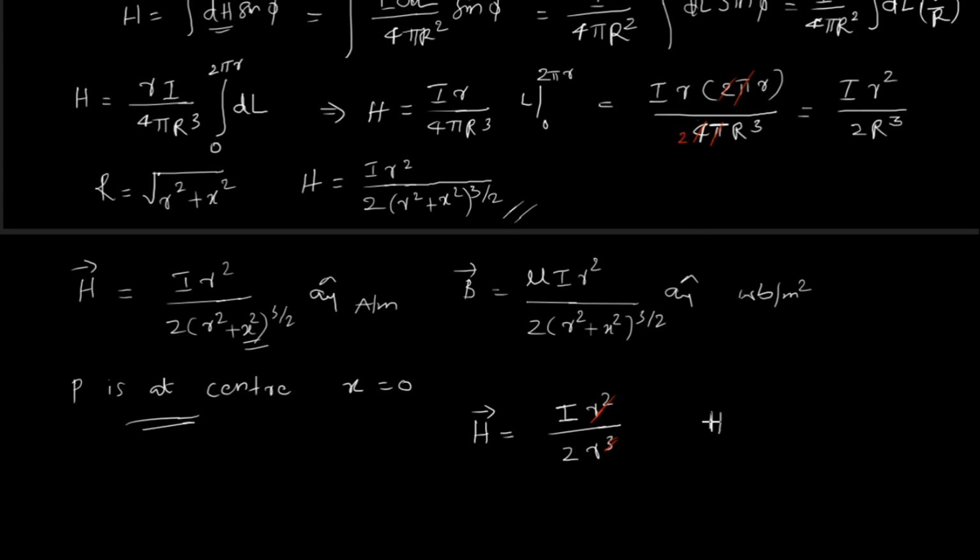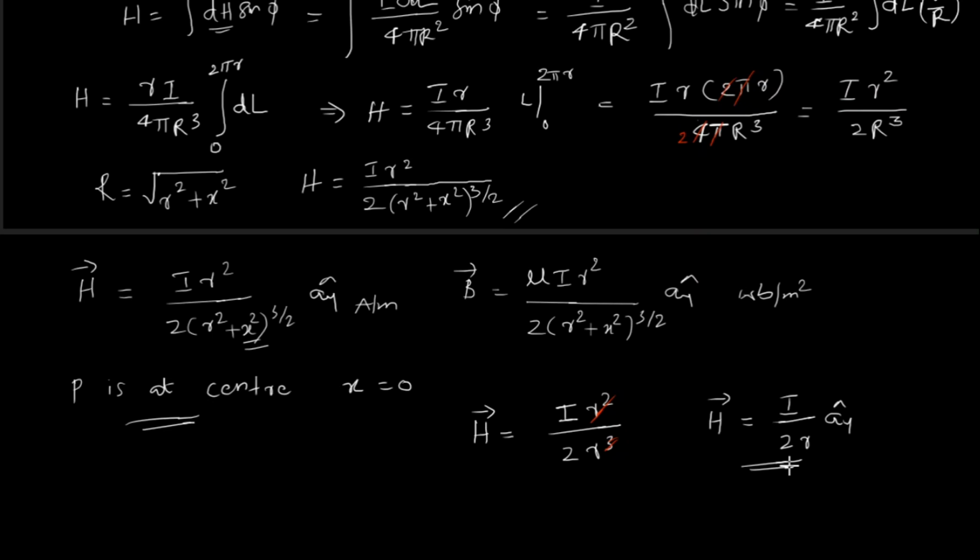So I just end up with H vector equals I divided by 2R. Since it's a vector, I'll add a_y cap. So I by 2R a_y cap will be the magnetic field intensity at the center of a circular loop.